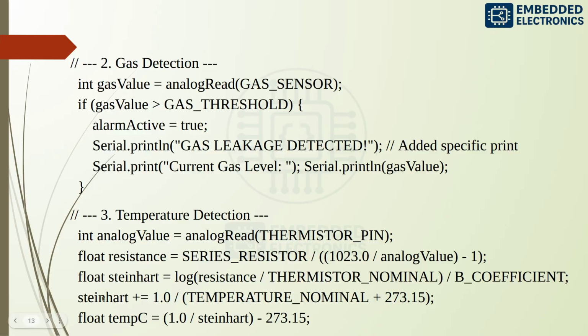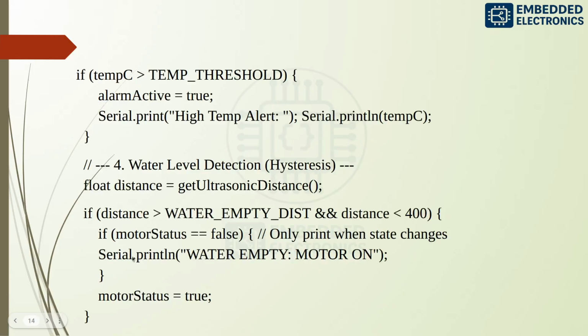Then by using this value, we find the temperature in Celsius. If the value of temperature Celsius is greater than the temperature threshold value, it sounds the buzzer as a heat warning. Then it prints the statement, high temperature alert.